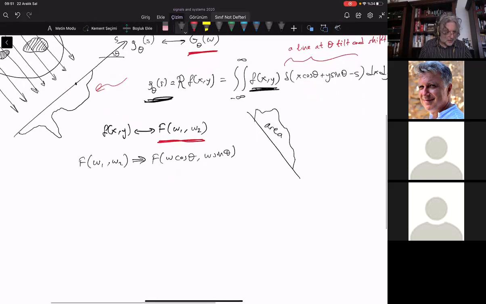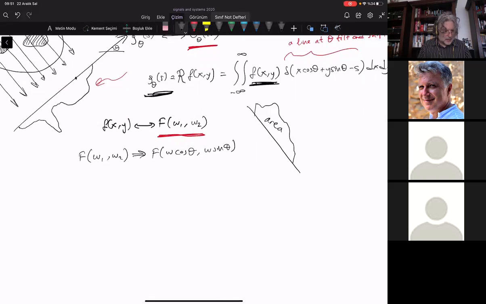And when you write it like this, with the incorporation of this impulse here, saying delta of x cosine theta plus y sine theta minus s, it indicates that s is essentially x cosine theta plus y sine theta.